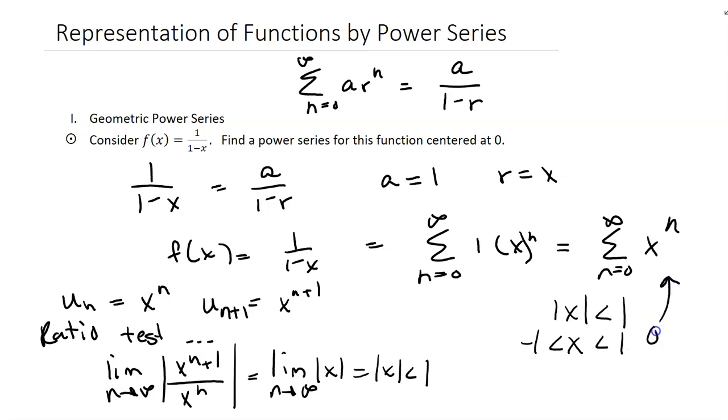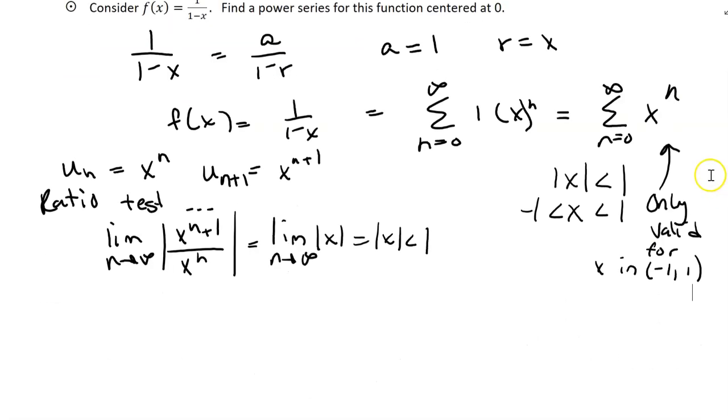So this is only valid for x in the interval from -1 to 1. And that's important to realize, that it doesn't work for all values of x necessarily. In this case, it's only for -1 to 1, not including the endpoints. But this is how you would represent this as a series centered at 0.